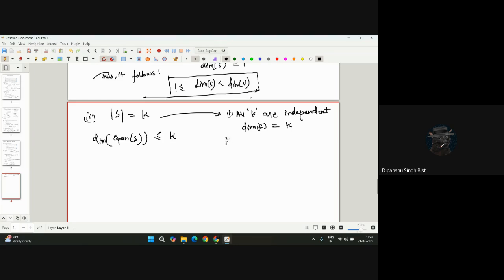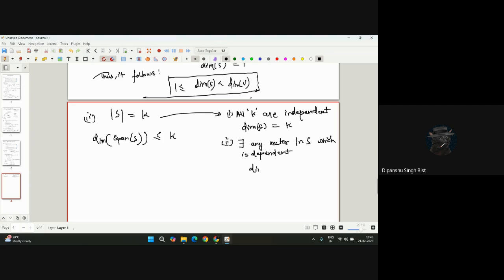And what is the second possibility? If there exists any vector in S which is dependent, or basically you can say that S is a dependent set.